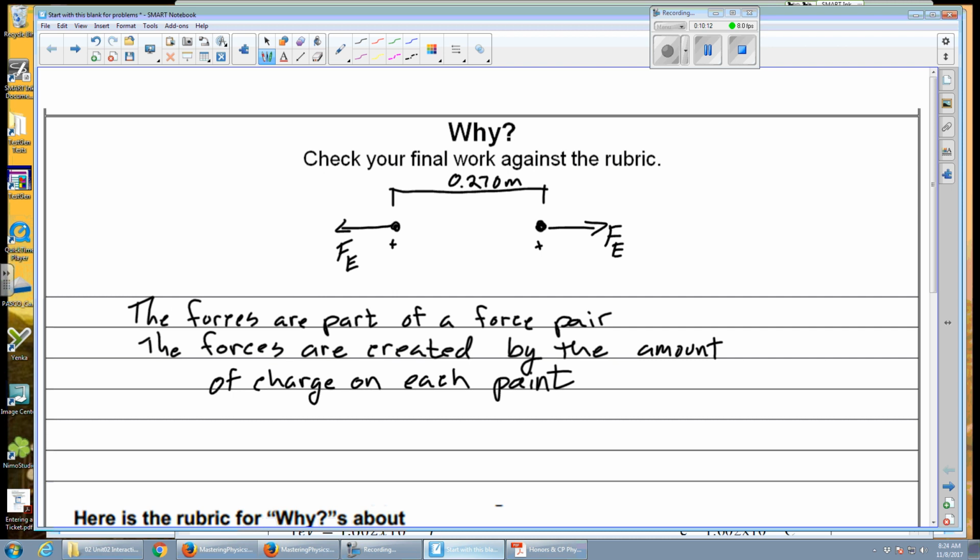The greater the separation, the less force. I think that's everything. I think that's a decent Y.